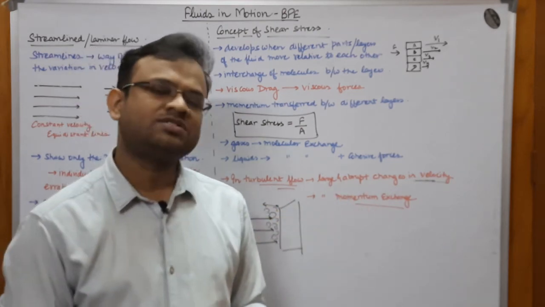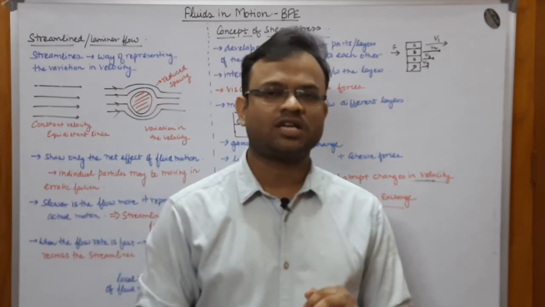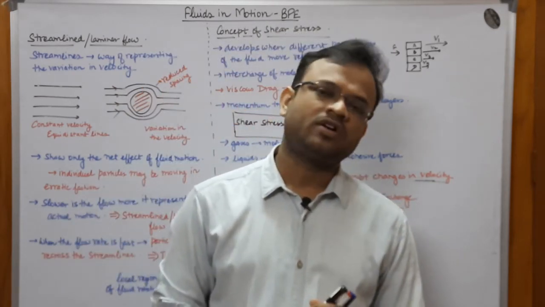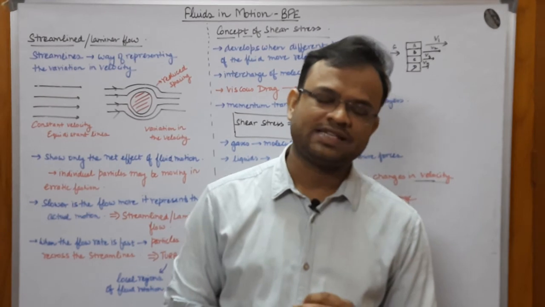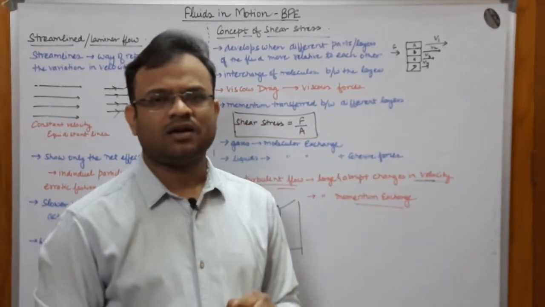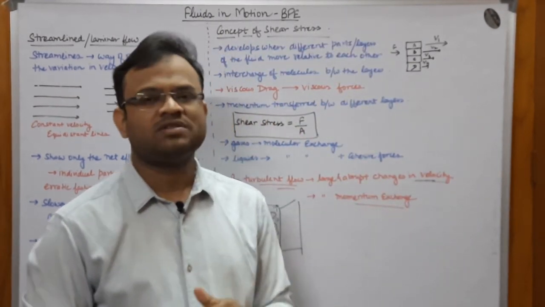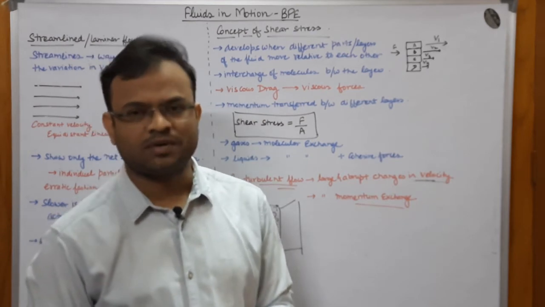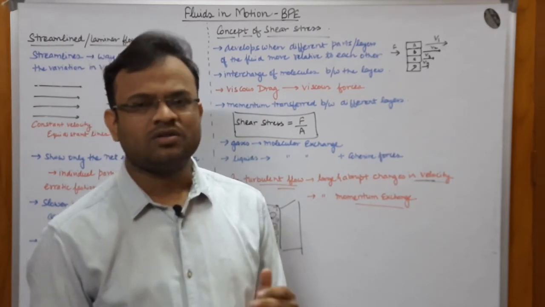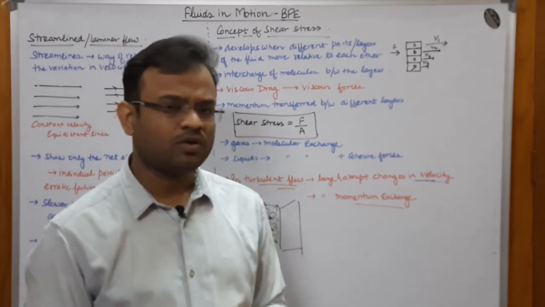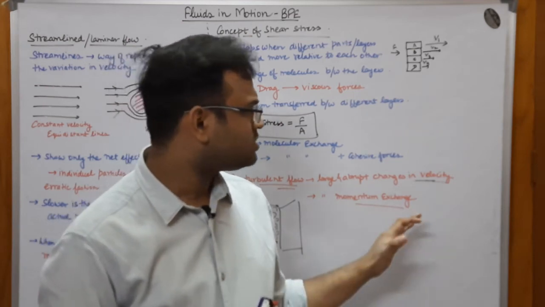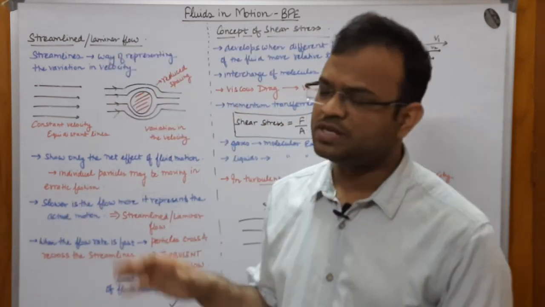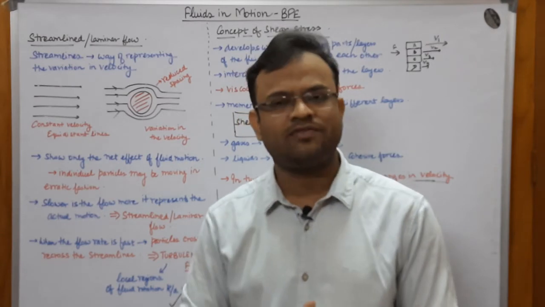The best way to judge that is the Reynolds number. We would be talking about the Reynolds number in the next lecture, and we would also solve some questions that have already come in the GATE examinations on the Reynolds number. So this brings us to the end of the concept of turbulent and streamlined flow.